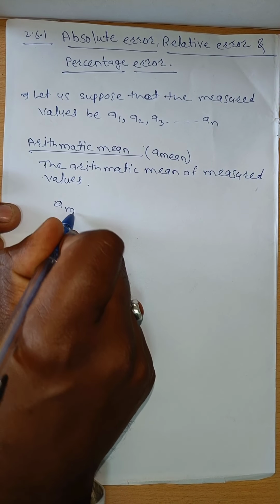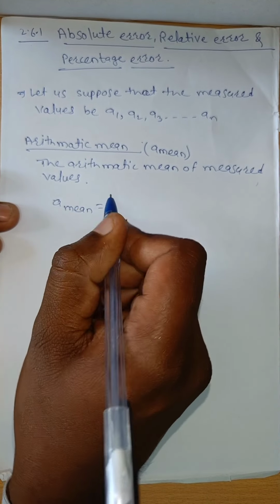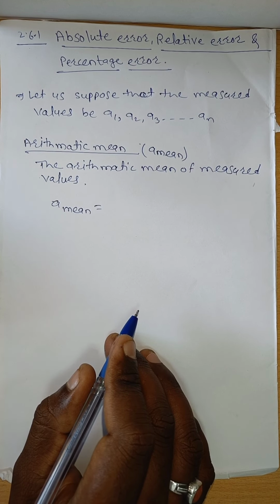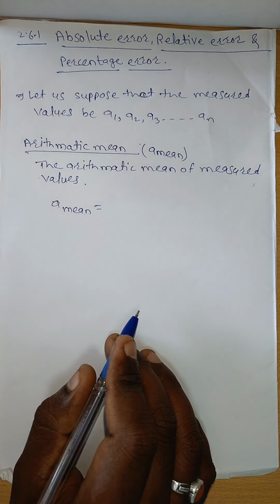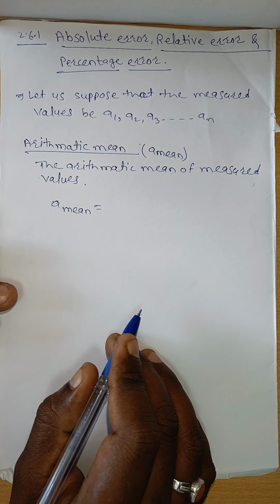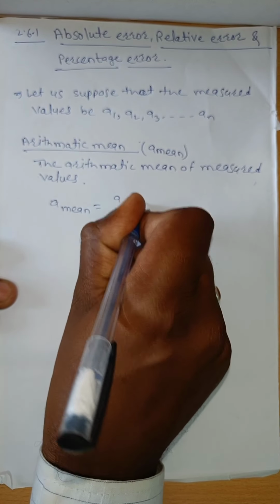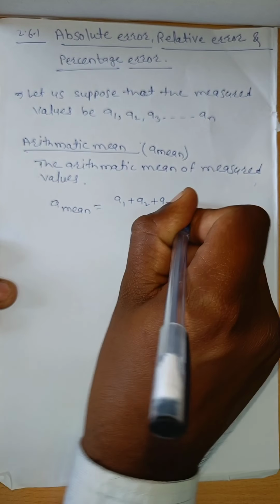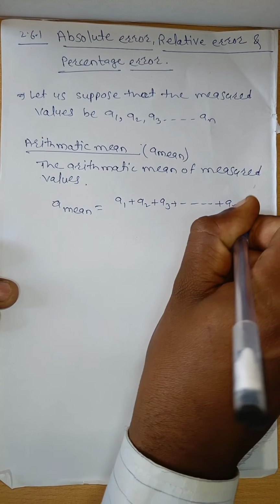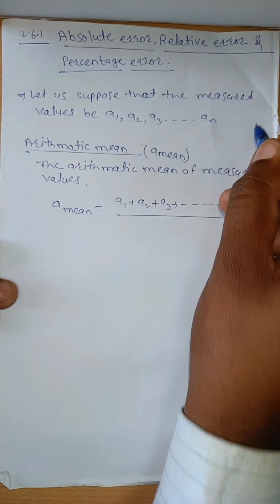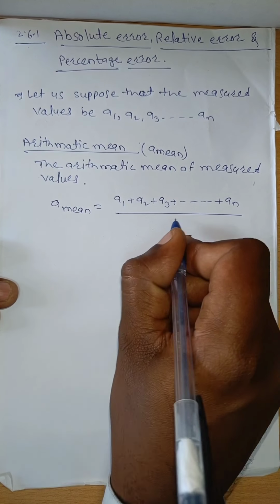You know that what is meant by mean is nothing but the sum of the observations divided by the total number of observations. Here the observations are a1 plus a2 plus a3 and so on up to an, divided by n, the number of observations.